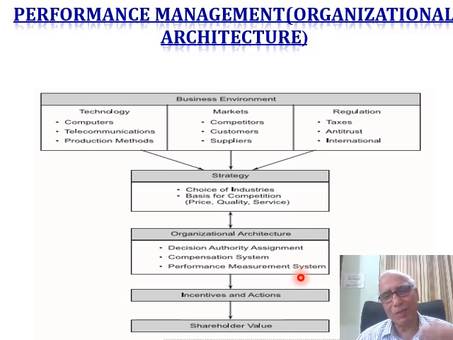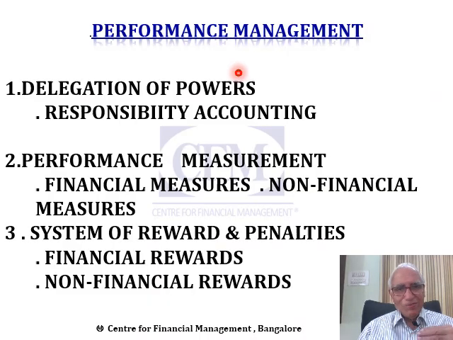So the three important ingredients of organizational architecture are delegation of power, compensation system, and performance measurement system, incentives and actions, and shareholder value. Thus, the performance management system of a firm has three elements.